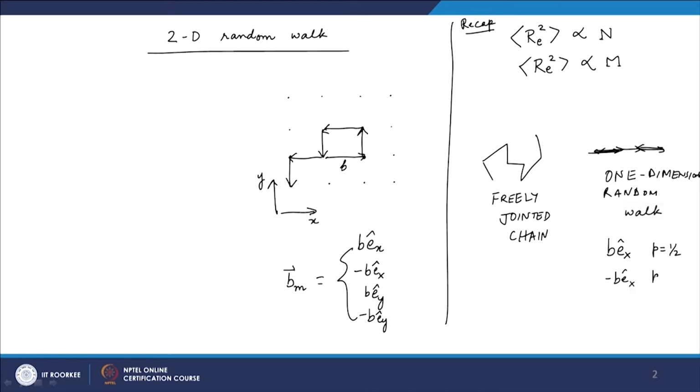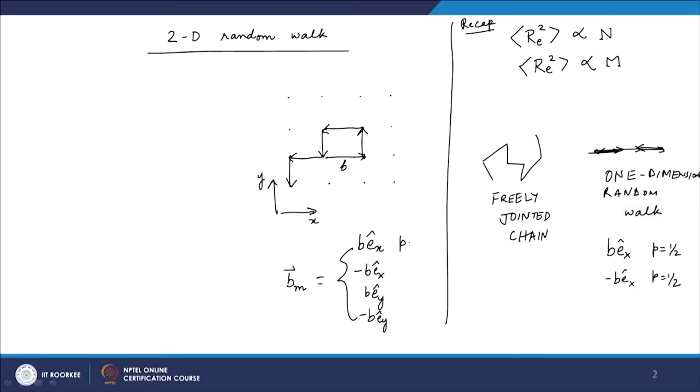Okay. So, again, as the assumption we made here, the probability of each of these to happen is equal. Earlier there were two possibilities, so P was half for each. Now, in this case P will be 1/4 in all these cases. Okay. And what we can still see is that my end to end distance vector will again be the sum over the bond vectors, where I sum over all the segments.